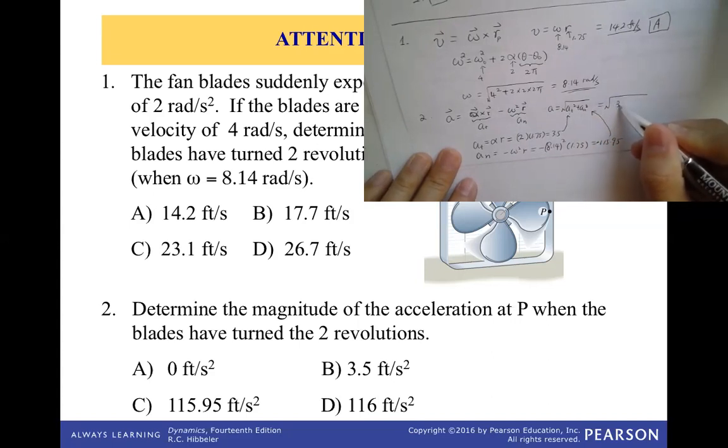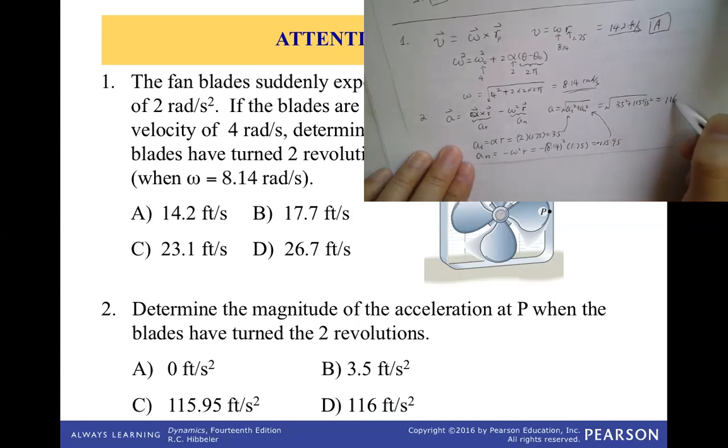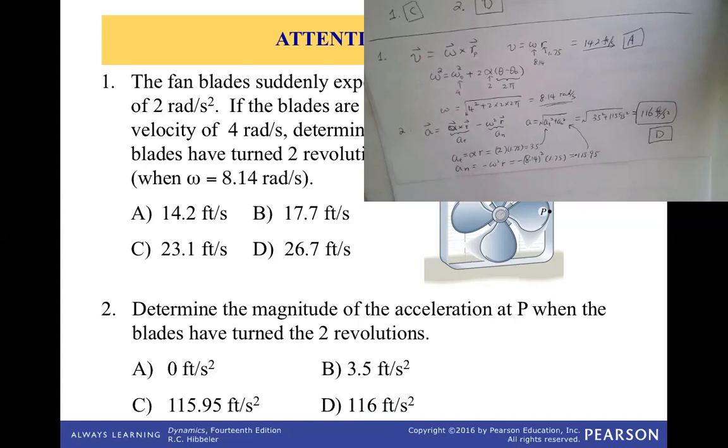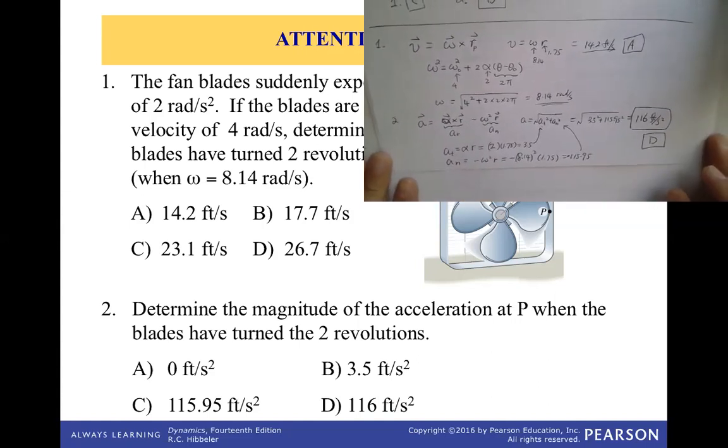So 3.5 square plus 115.95 square, okay? That will tell you this is going to be equal to 116 feet per second square, okay, on this one here. So then the answer will be D on the second, okay? The first one should be A, and the second one should be D. All right.